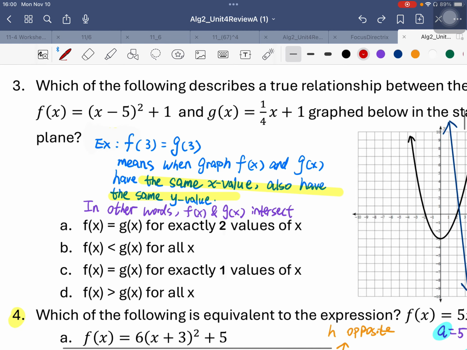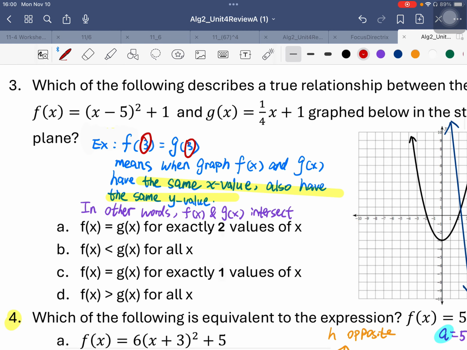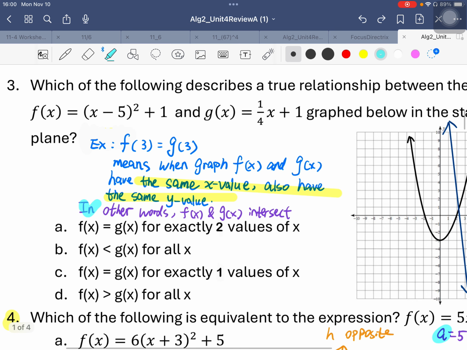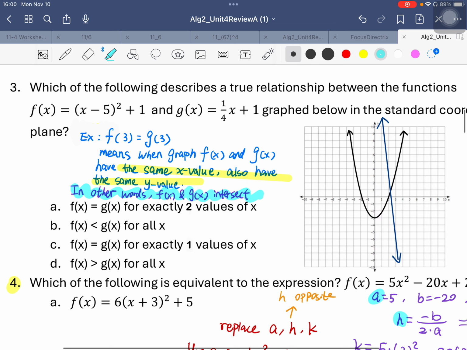For example, if x equals 3 for both graphs, and f of x and g of x are equal, that means when the graphs of f of x and g of x share the same x value, they also share the same y value. In easier words, it's asking at what points f(x) and g(x) intersect. So for this question, how many points do they intersect?